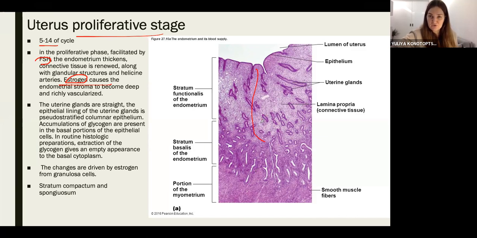If you see that these uterine glands are straight, you know this is the proliferative stage, the estrogen stage. You know that the endometrium is right now repairing itself after menstruation, right? Compactum, spongiosum, we talked about it.